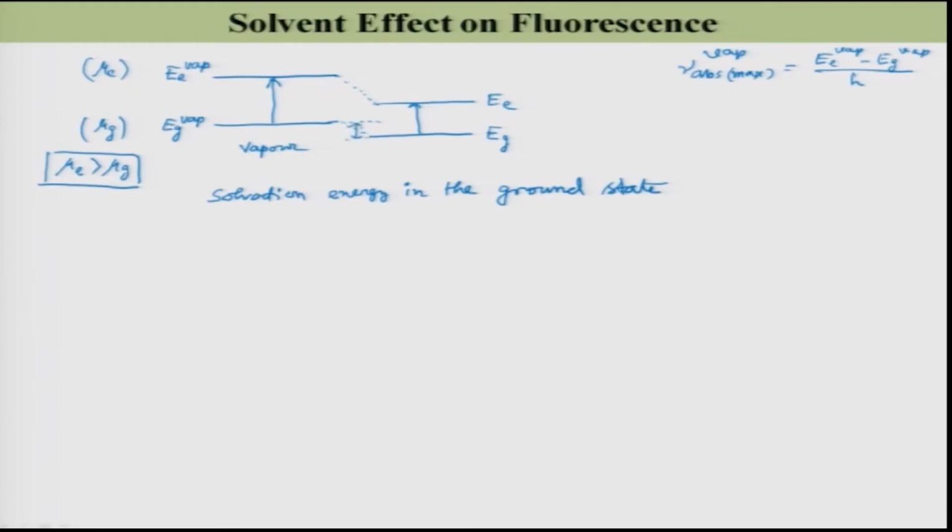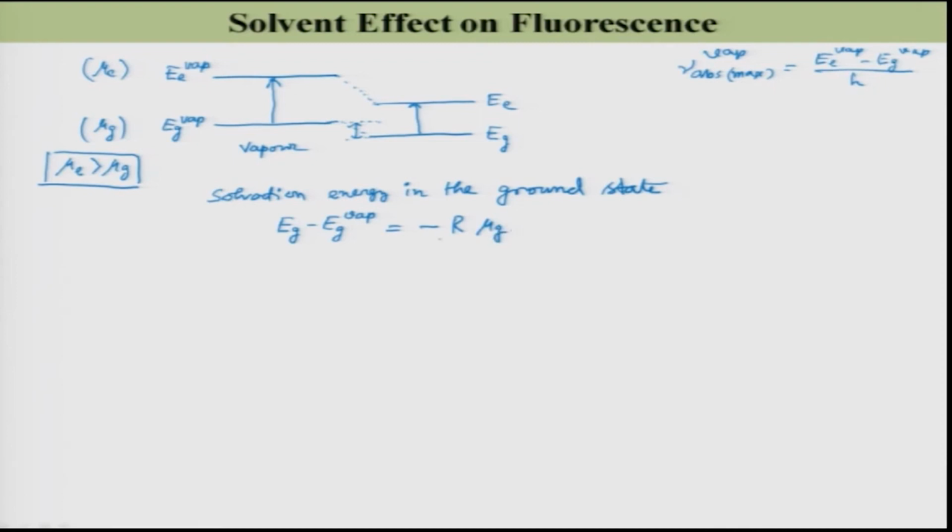So it is nothing but Eg minus Eg vapor, this will be equal to minus R into the dipole moment of the ground state, so minus R dipole moment of the ground state, because the solute is in the ground state, right. So R into mu g.